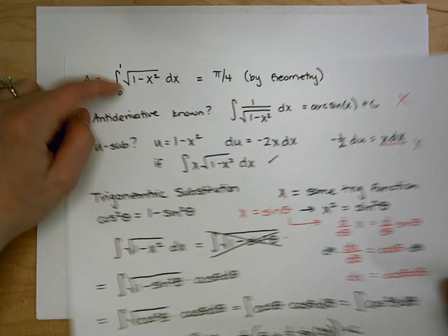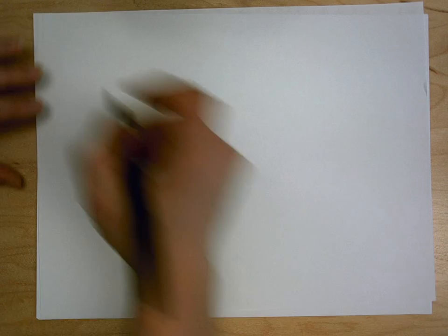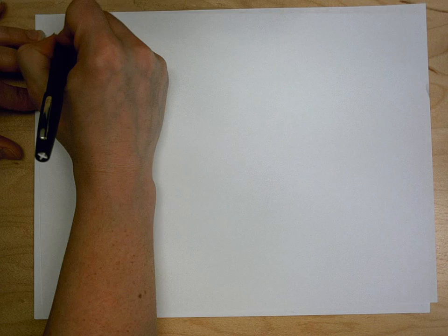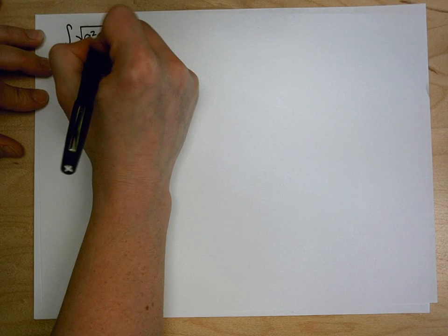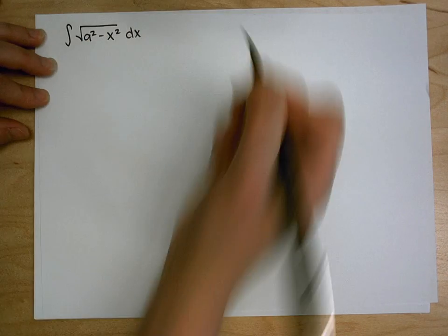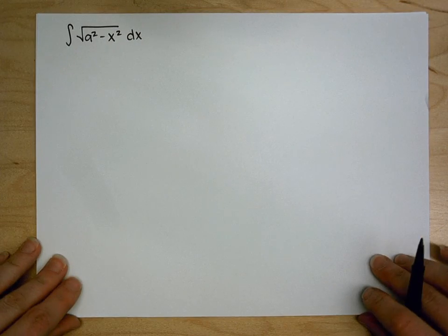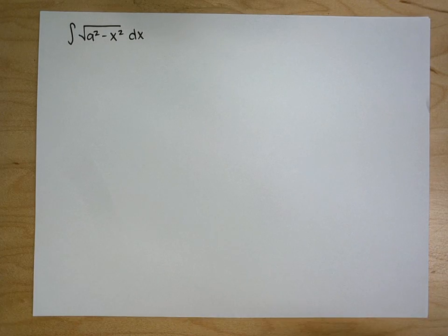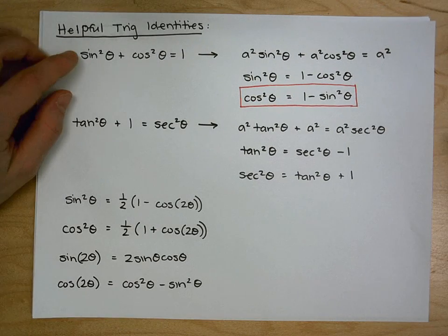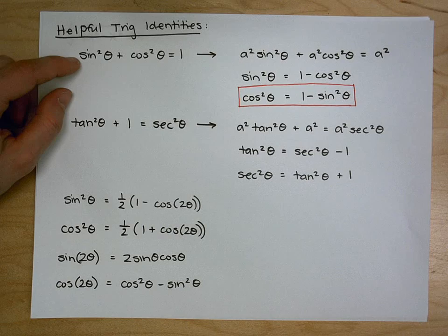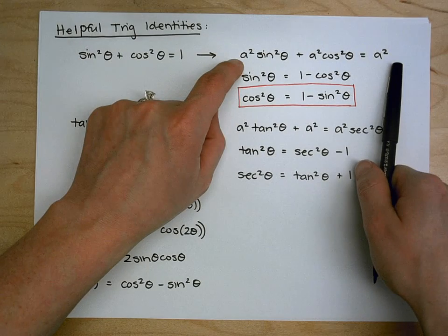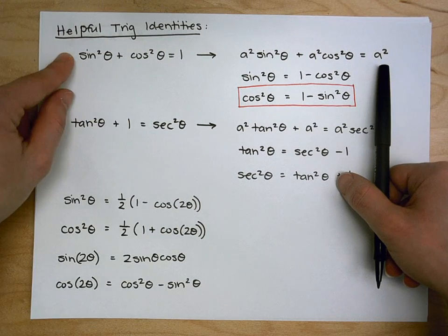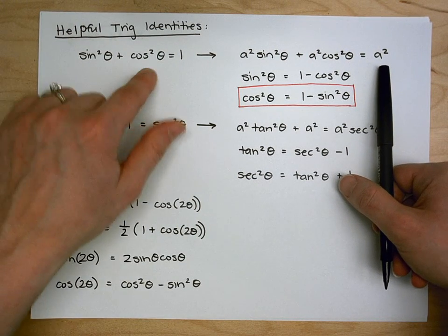Now, if I wanted to generalize it even more, if I was taking the integral of square root a squared minus x squared, for example, I could use a very similar technique. Now notice in my helpful trig identities, again, we started with our Pythagorean identity. Now notice this one that I wrote here, which might seem somewhat obvious. Because this is an equation and it's an identity, I can multiply through by a number.